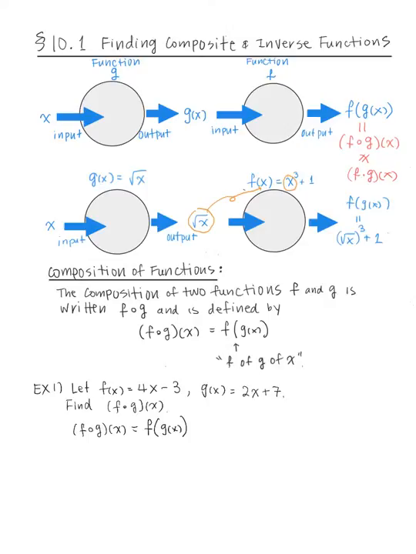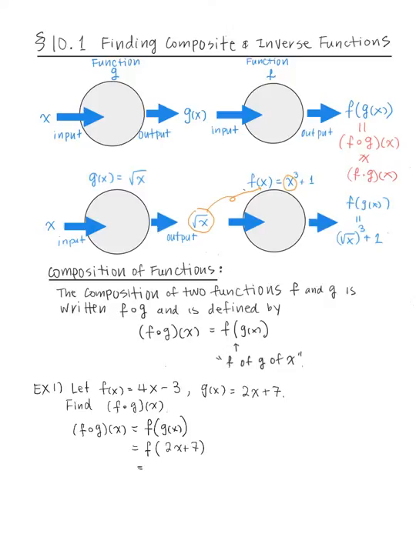Alright, now the next step. This is how I usually do it. Replace your g of x with the given function. Well, g of x is 2x plus 7, so I'm going to rewrite this as f of 2x plus 7. From here, look at the function f of x and replace its x with what's in the parentheses.